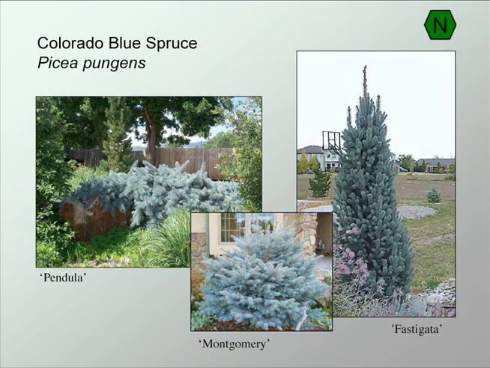The size that they give you on the tag is a 10-year size. There is a Montgomery at my old house, planted 17 years ago, that is every bit of 12 foot tall and probably 8 to 10 foot wide at the base. So know that these plants will continue to grow. What they rate them by is how fast they grow.